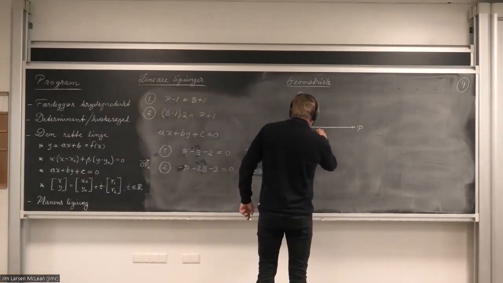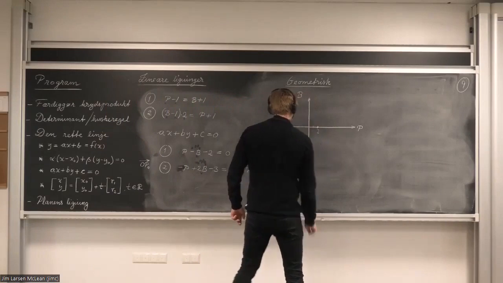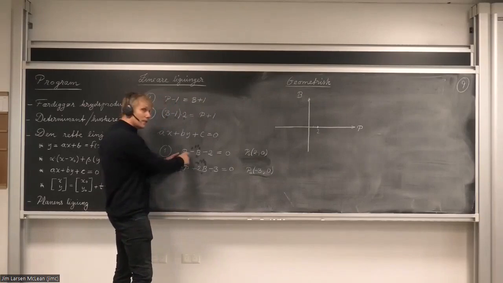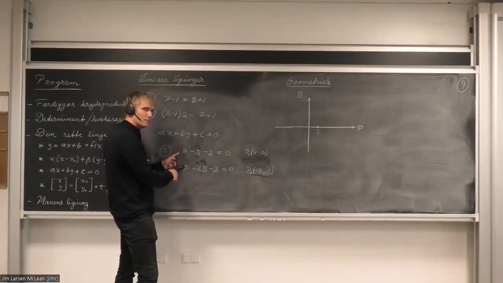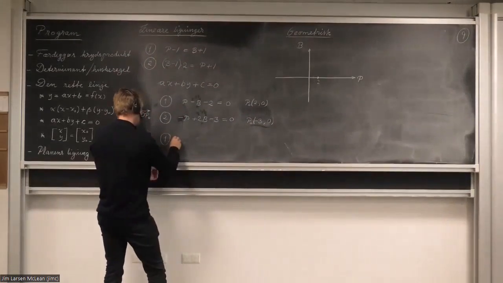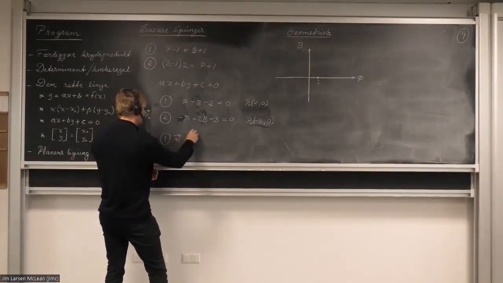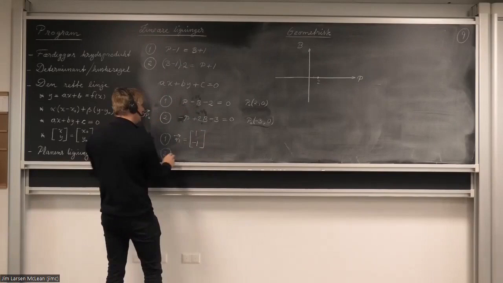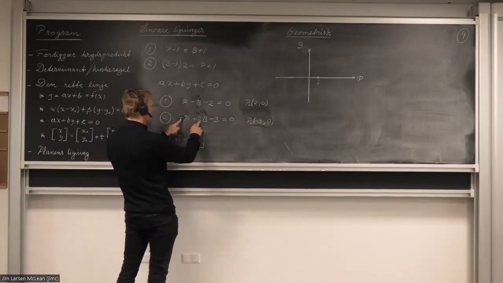Let's say it's 2, 0. It is there. And then this straight line, called 1, has a normal vector, 1, minus 1. Isn't that right? That's its normal vector. You should just write it down here. Line 1 has the normal vector n with coordinates 1, minus 1. And in 2, I see that it has a normal vector, so it's called minus 1, 2.